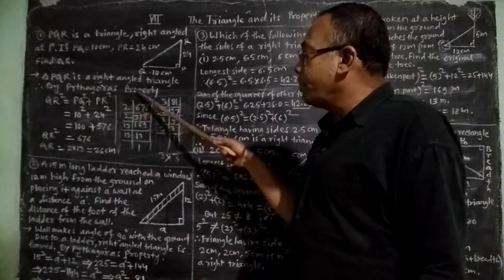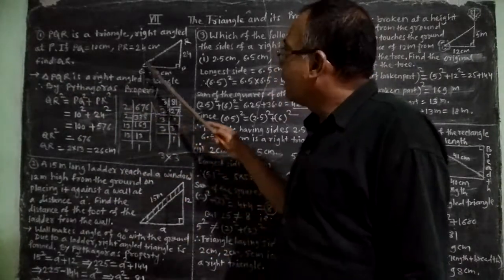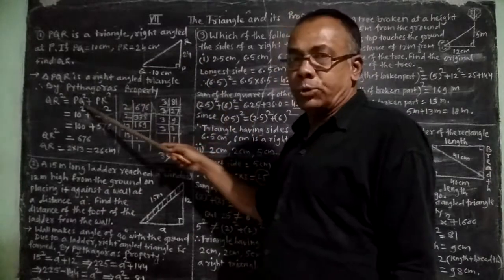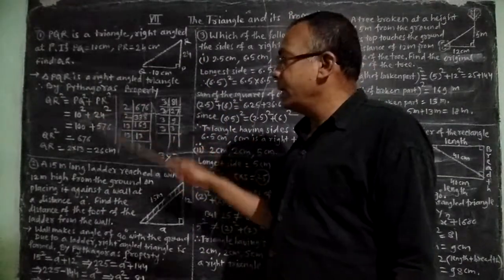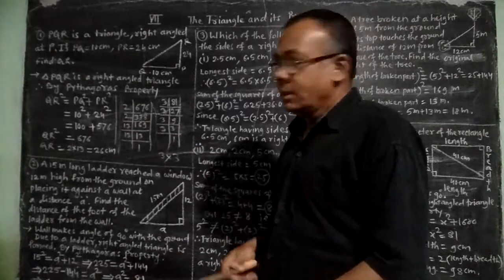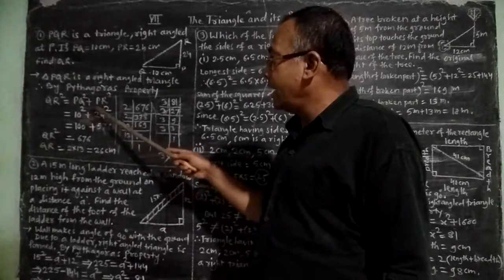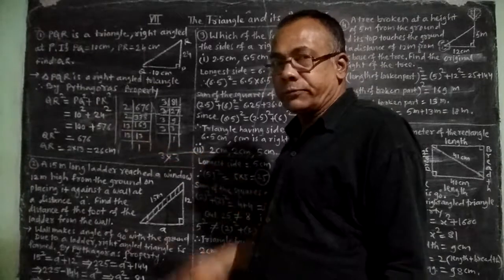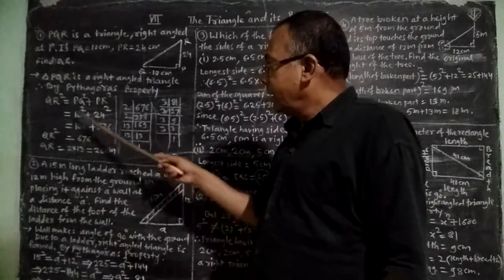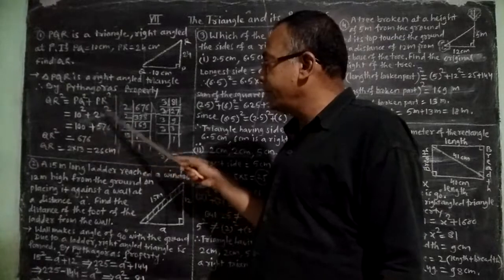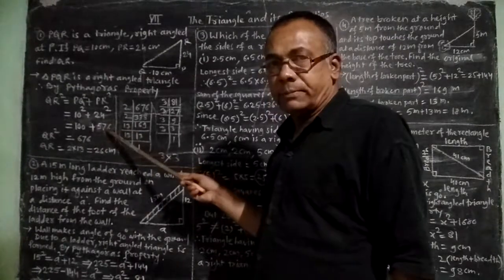by Pythagoras property we can write QR square is equal to PQ square plus PR square. Here PQ is 10, so 10 square, and PR is 24, so 24 square. 10 square is 100, 24 square is 576.